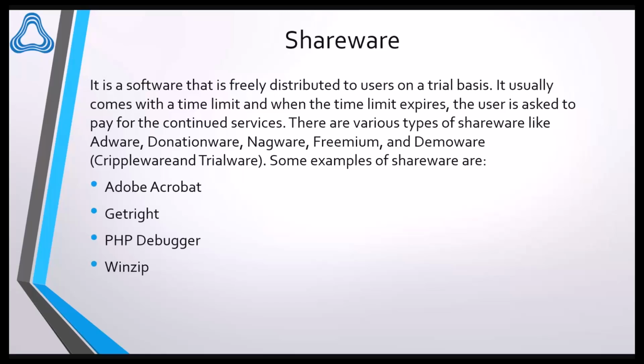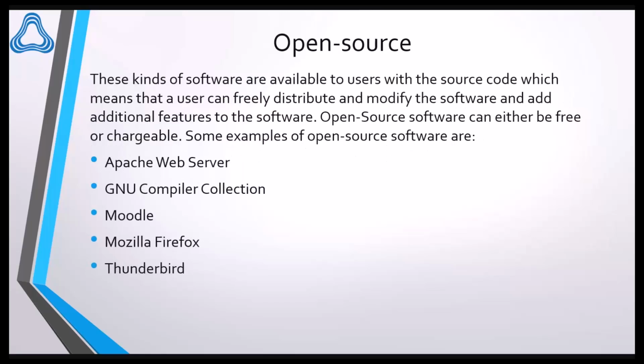The next one is open source. These kinds of software are available to the users with the source code. The source code is like what we looked at. You're able to see the code that was used to create that particular application. And if you are an application developer, then you can go ahead and modify the software and add additional features to it.